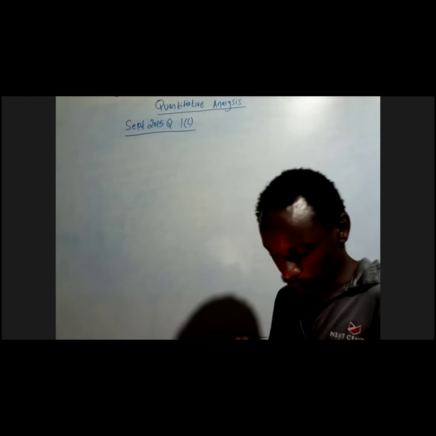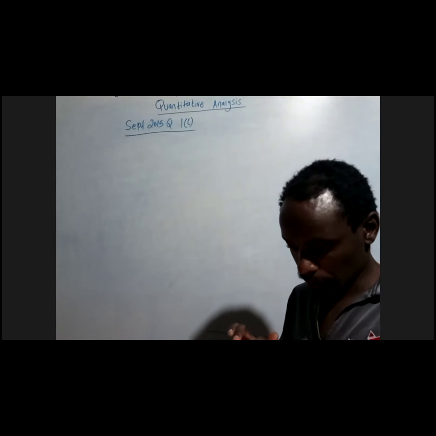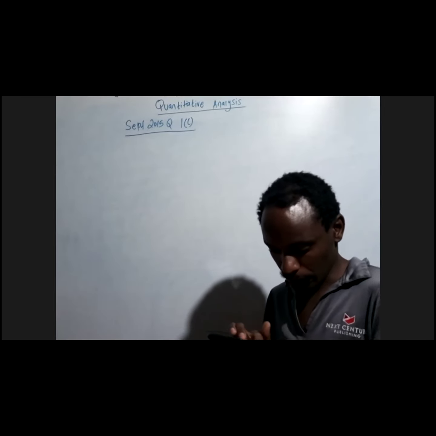This past paper is complicated. It is not arranged in a good manner, but let me find it. Now here it is, September 2015. Let me share my screen first.